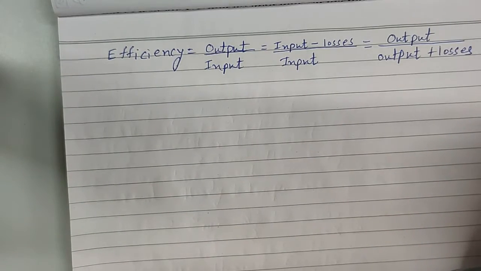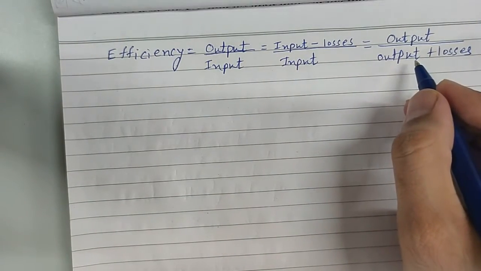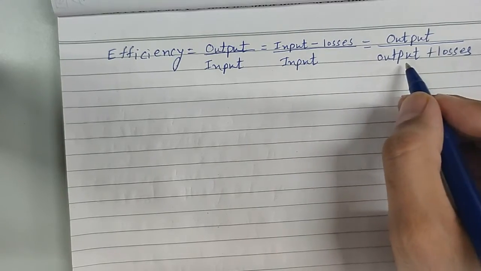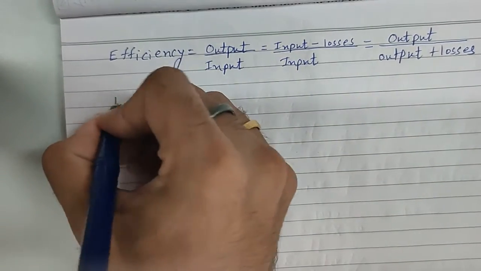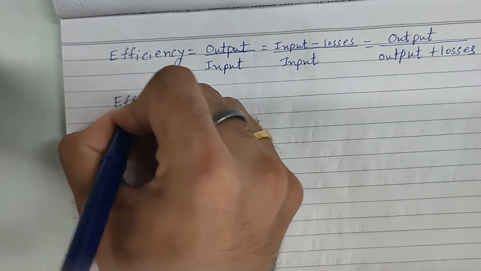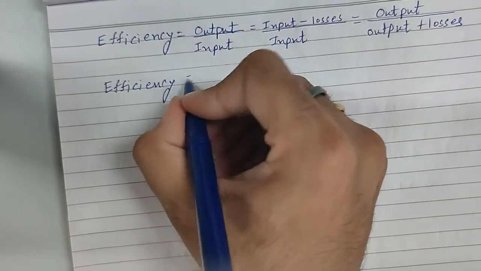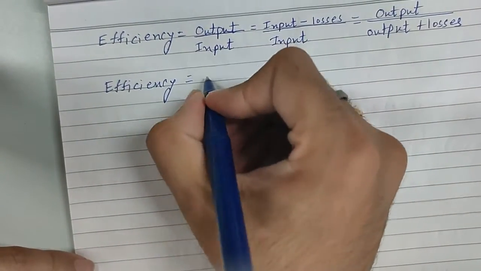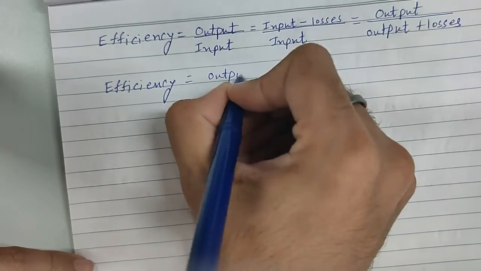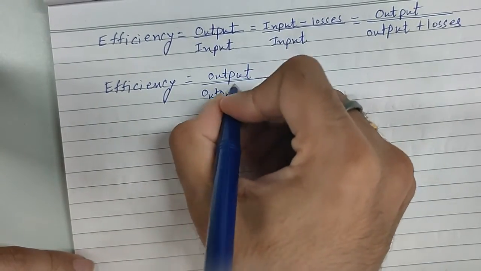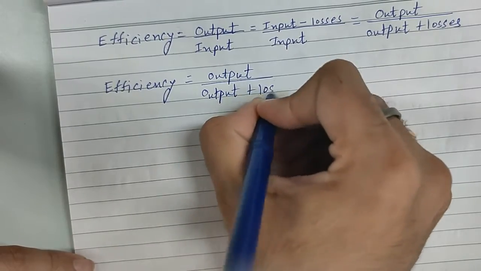Now here in this case, let me consider the last part. The reason for doing this is I am already aware of the output as well as the efficiency. So again, rewriting this equation, efficiency is equal to output upon output plus losses.